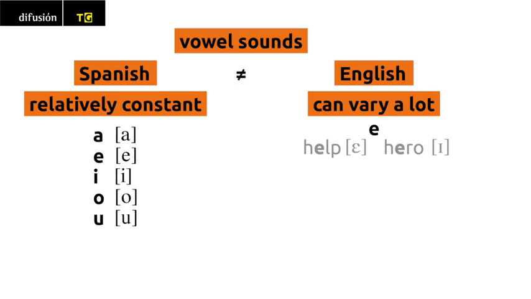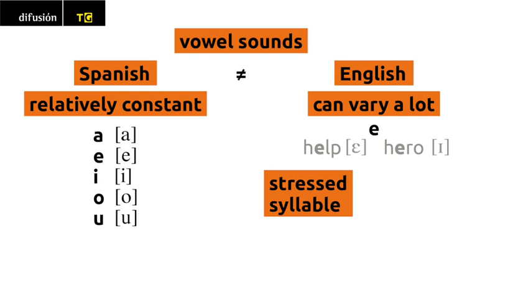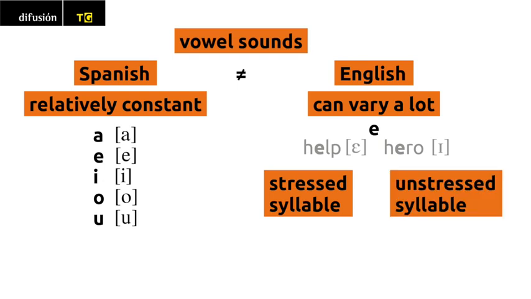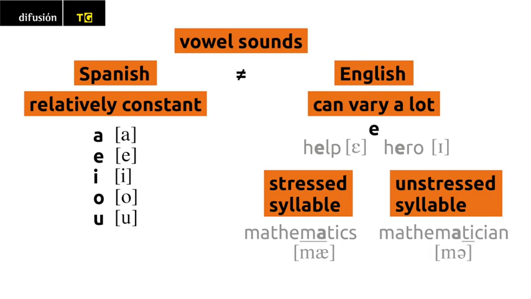In English, the way a vowel is pronounced is different if it's in a stressed or an unstressed syllable. Please note how the second A in the word mathematics sounds different than the second A of the word mathematician.